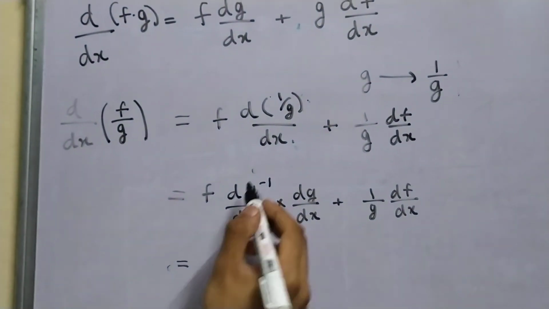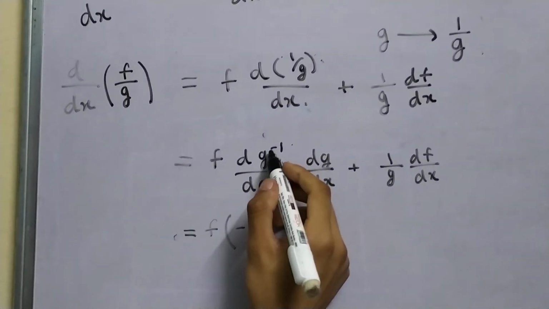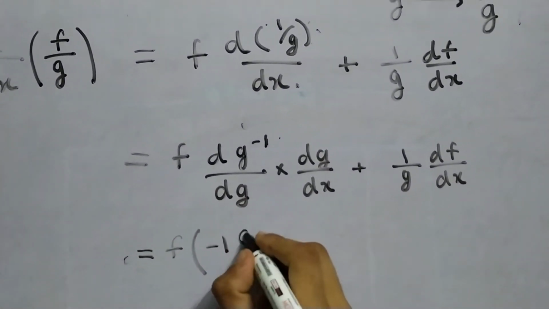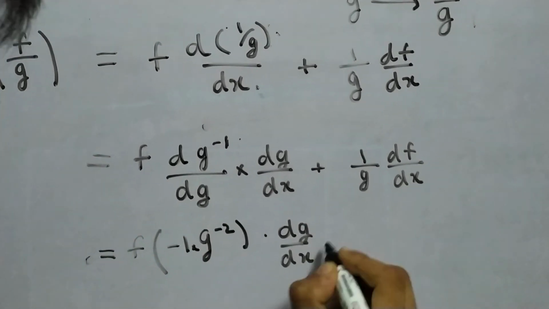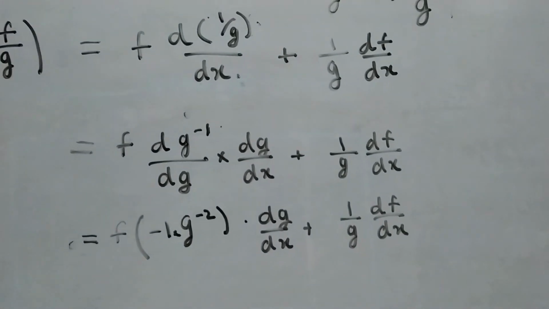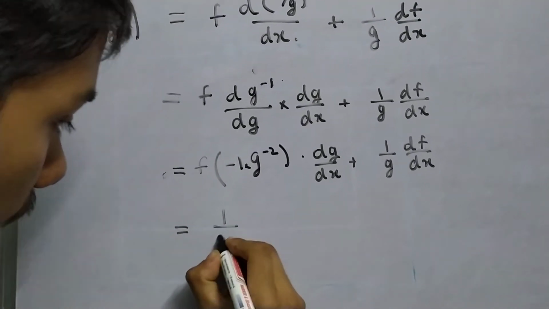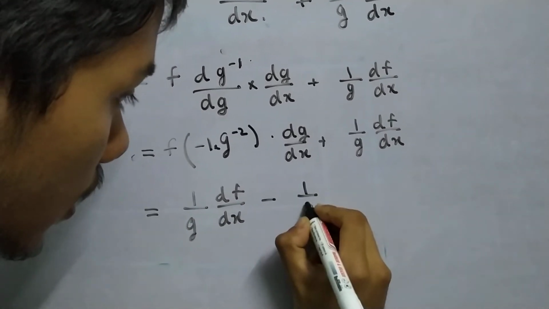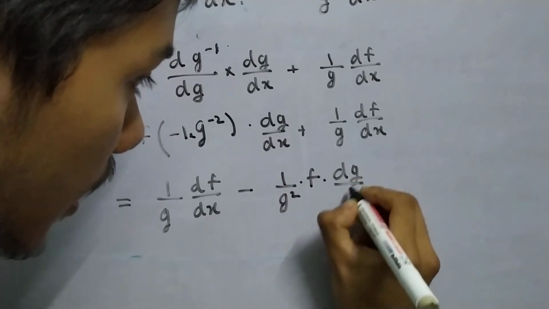Now using the power rule, we get minus 1 times g to the power minus 1, and then we subtract 1 from the exponent, g to the power minus 2, times dg by dx, plus 1 by g df by dx. You can write it again like this: minus 1 upon g square times f times dg by dx.